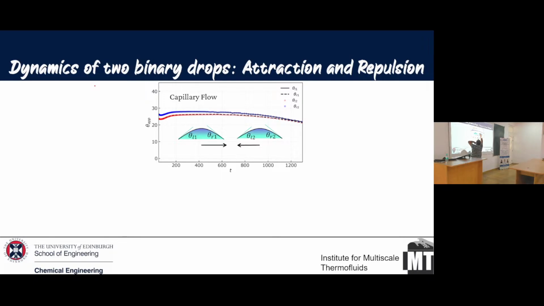This is theta R1 and theta L2, and we'll find that theta R1 and theta L2 behave in the same way, completely different from the other two. These two almost lie on top of each other, and L1 and R2 also lie on top of each other because they are farther away from the system and exposed to the environment. This is how your contact angle changes as evaporation goes on.